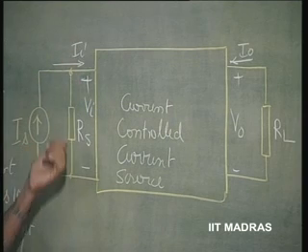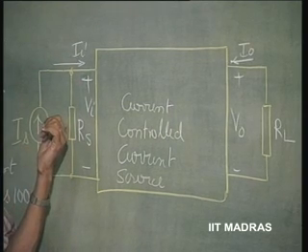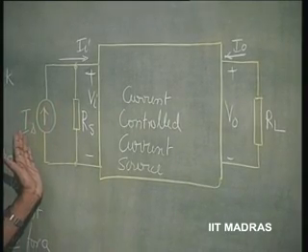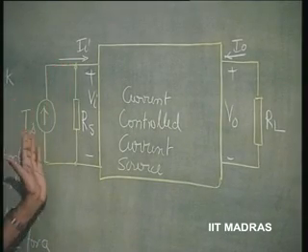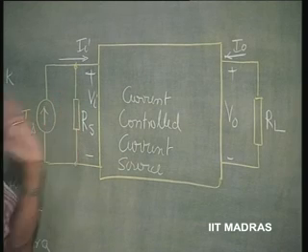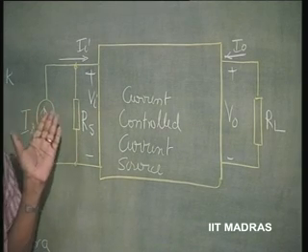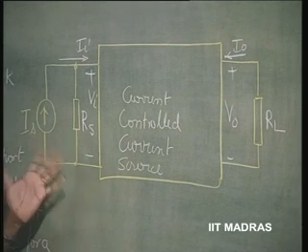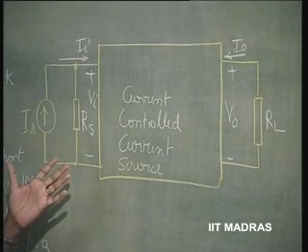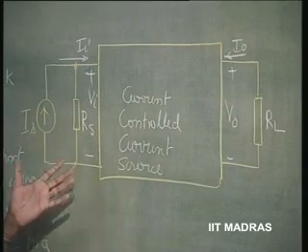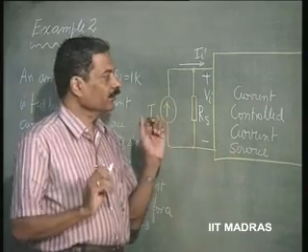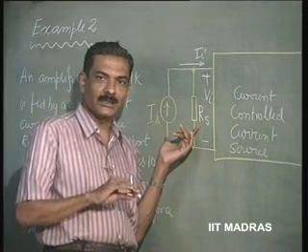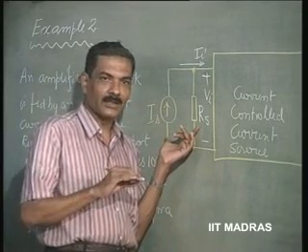This equivalent representation is the same whether you represent it as a voltage source in series with a resistance or a current source in shunt with the resistance. Only, ideal voltage sources and ideal current sources cannot have equivalence.